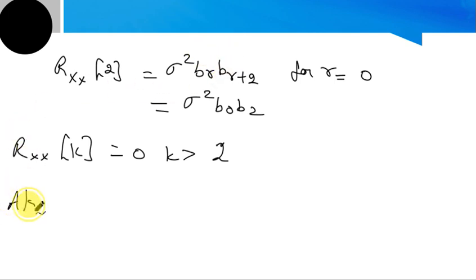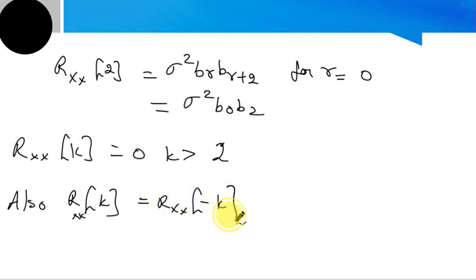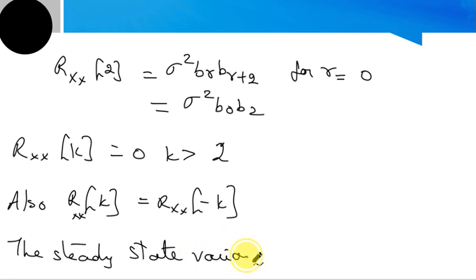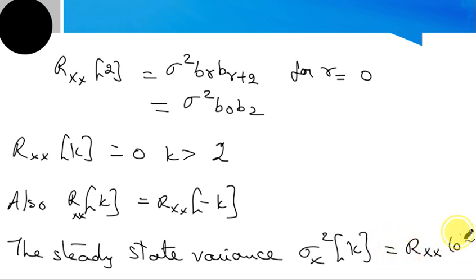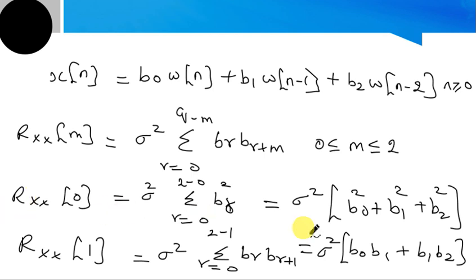Also, my autocorrelation function is an even function, so my Rxx of k will also be equal to Rxx of minus k, and hence the steady state variance sigma x squared of k will be equal to my Rxx of 0, which is sigma squared into b naught squared plus b1 squared plus b2 squared.